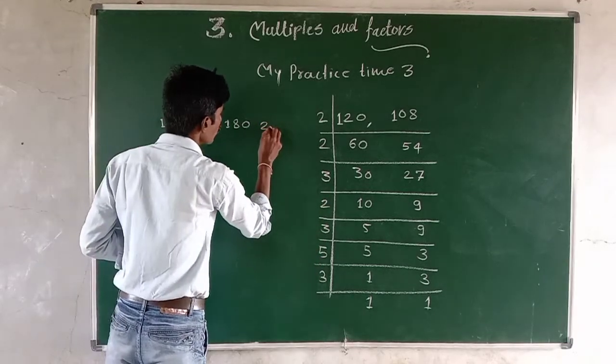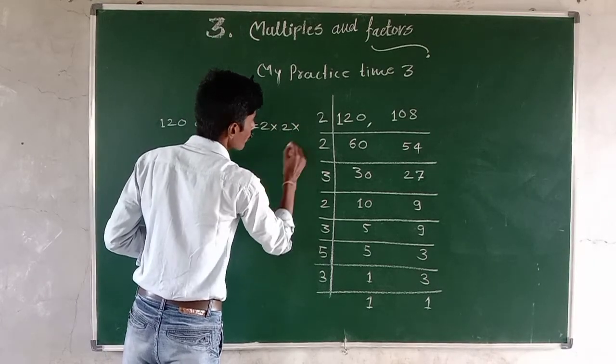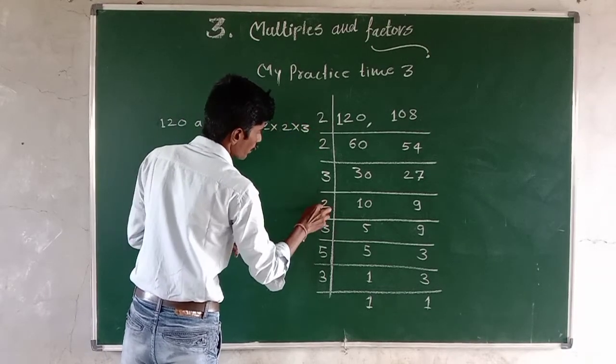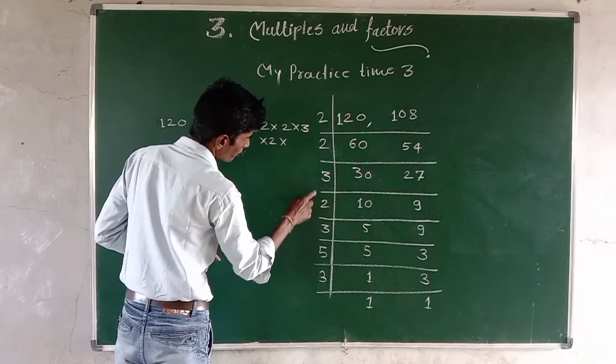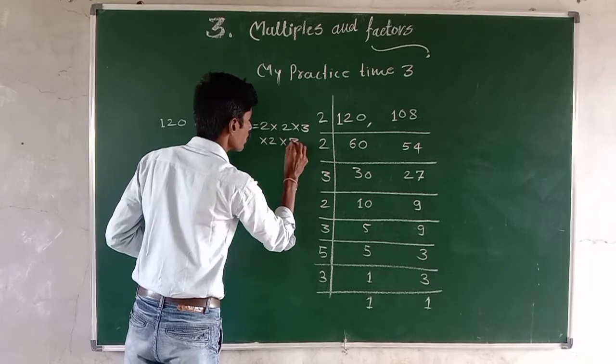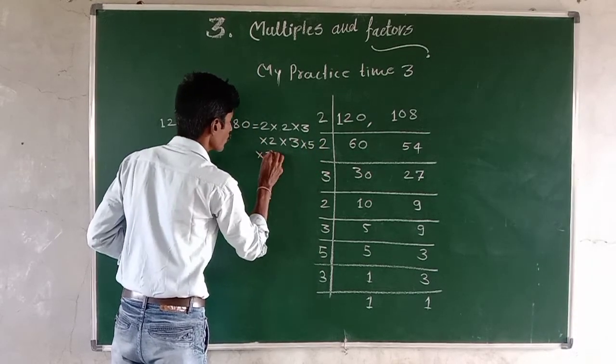So 2 into 2 into this 3, then into 2 into 3 into 5 into 3.